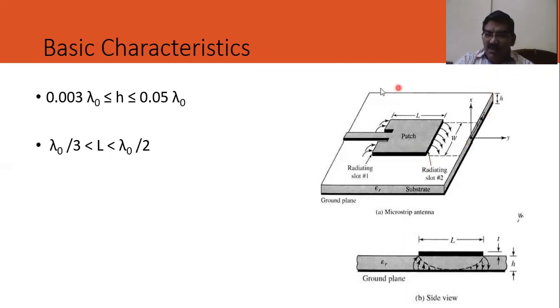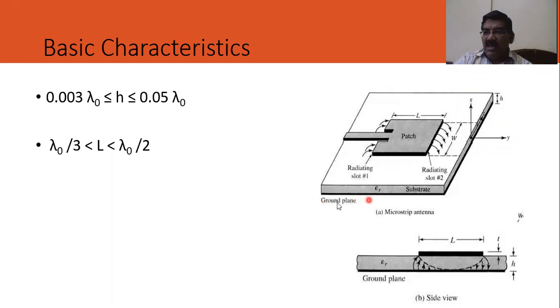So your entire structure is PCB-like, and this is your patch. As written, this is the substrate. This is the upper patch, the copper patch. This is the copper plate shown here, and this is the substrate. Generally FR4, a plastic type, is used as a general substrate for comparatively lower frequencies.